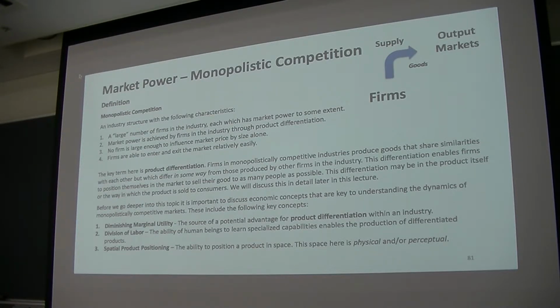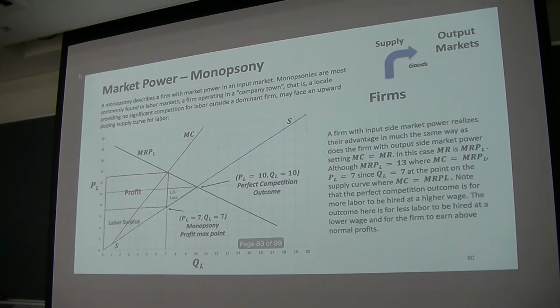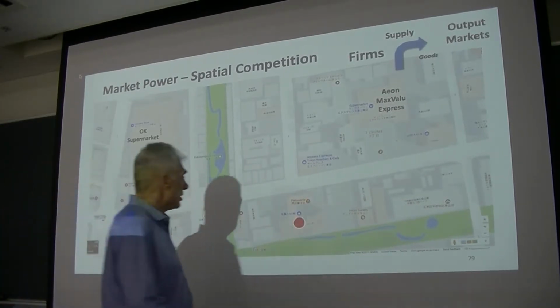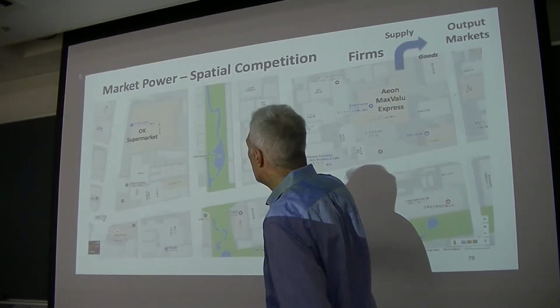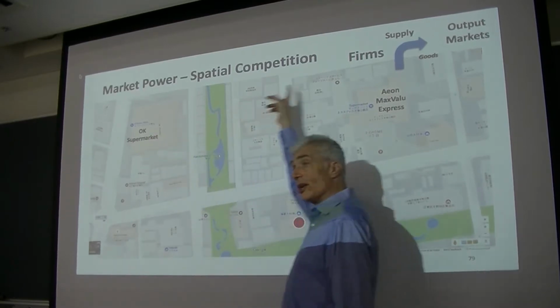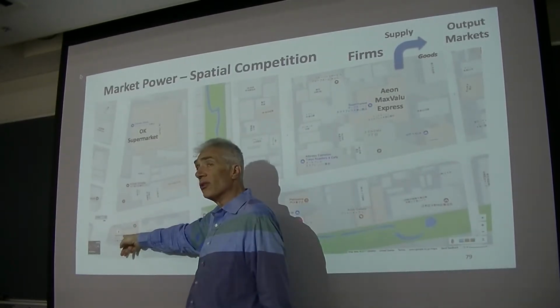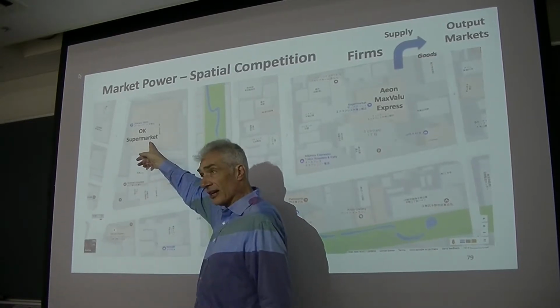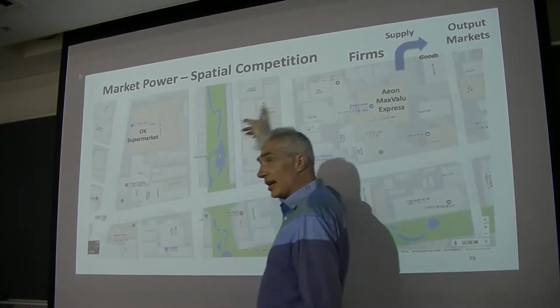For example, here at this location, there's the supermarket, but there's a convenience store too. Now, the prices are lower here than here.